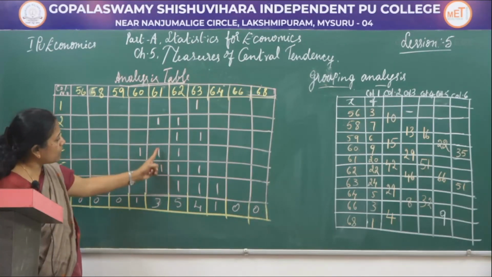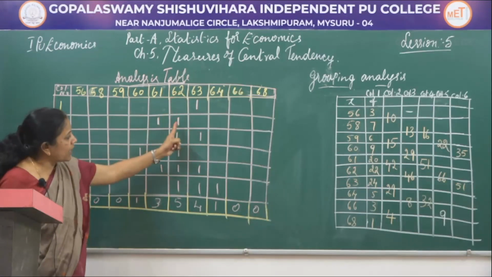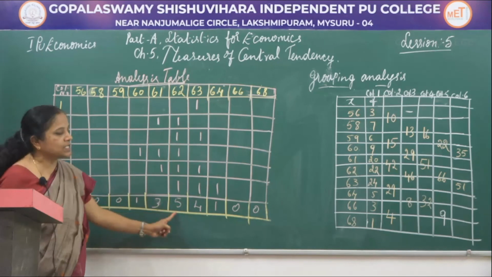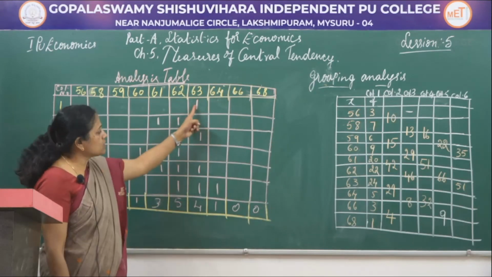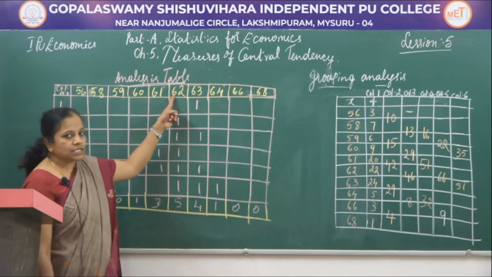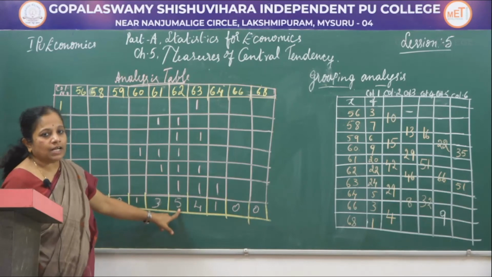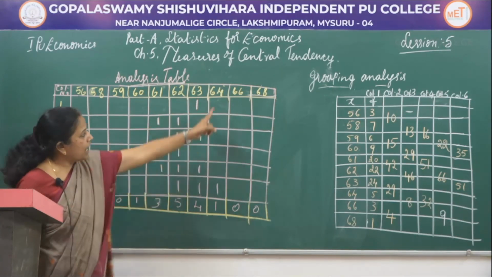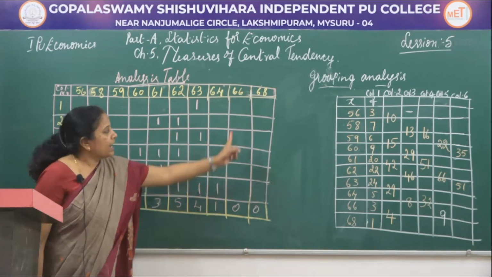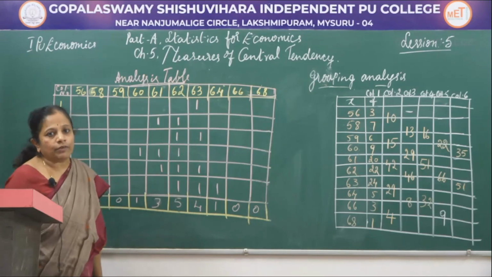Under 61 we have 3 bars, written as 3, and under 62 we have 5 bars, so it is written as 5. Under 63 we have only 4 and under 64 we have only 1, and for 66 and 68 again it is 0.